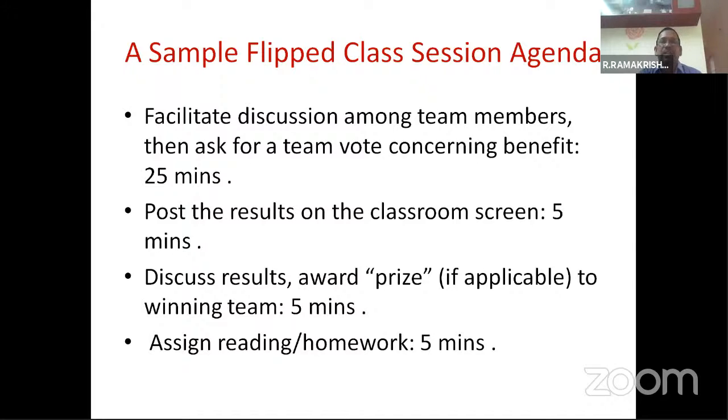Then post results on the classroom screen for 5 minutes. Then discuss results and prize distribution and all. Like that, you divide the last 5 minutes for the homework and all. First, you ask questions about what the students previously went through, and give some time within the class to discuss the previous day's work.